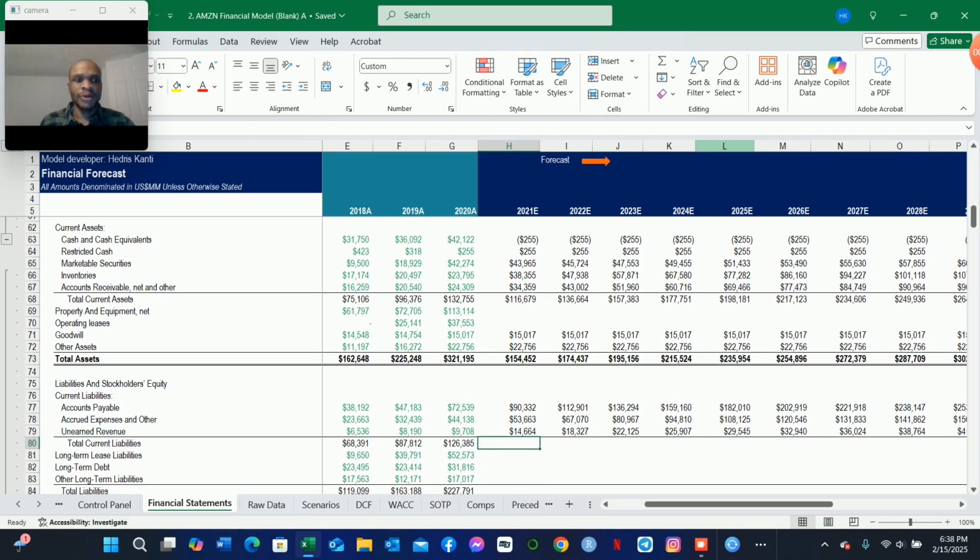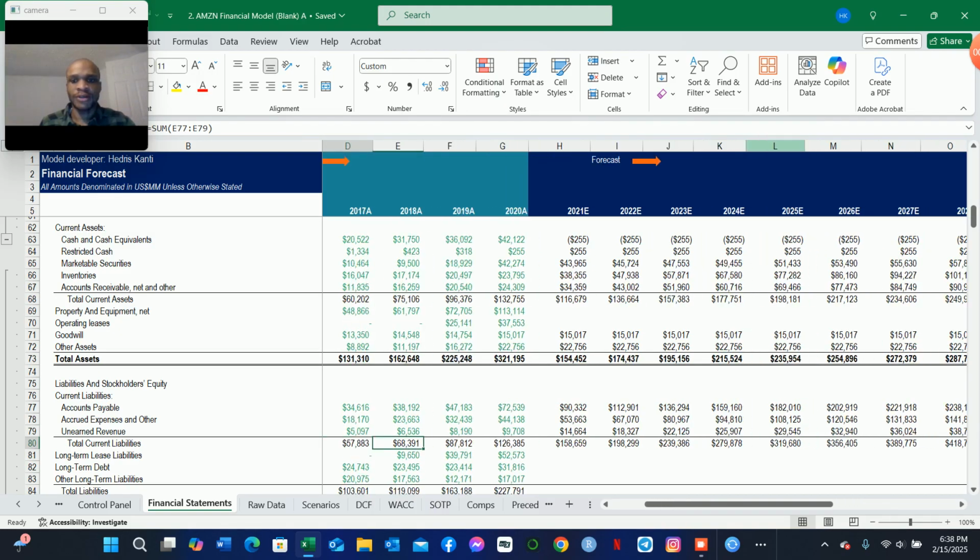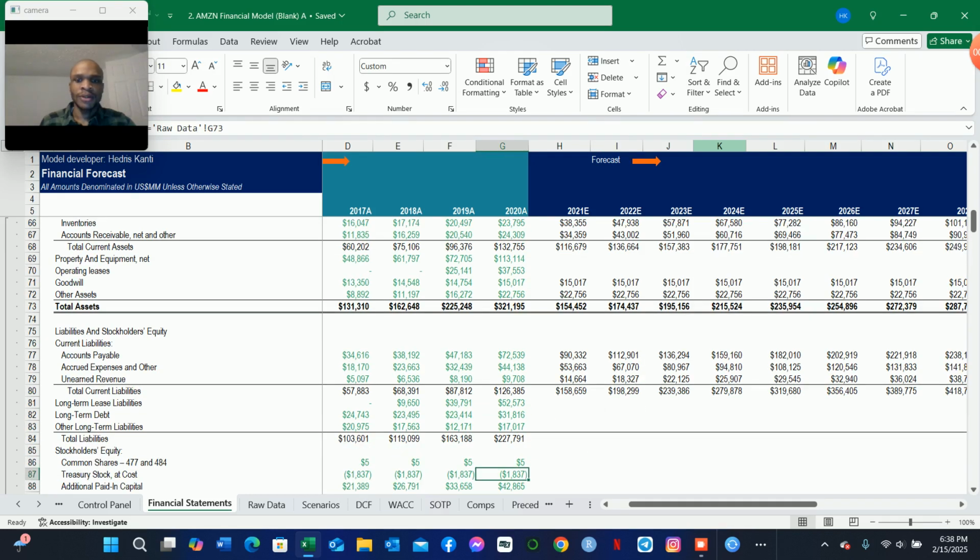So we now have the total current liabilities, which is just the sum of all of those. We can fill that right to the end of the decade. So for the long-term lease liabilities, we're going to have these numbers filling in when we are done with the finance leases and the operating leases.